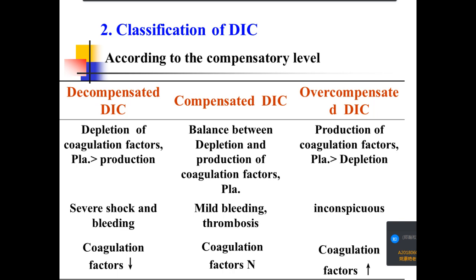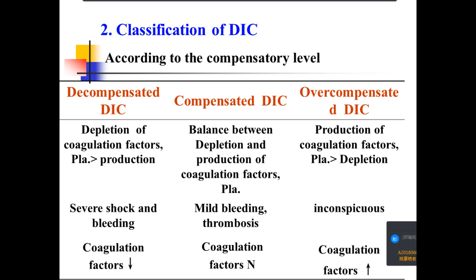According to production and consumption, DIC is divided into 3 classifications. First, decompensatory DIC. Which is more, consumption or production? Consumption is more. So the patient's coagulation factors will decrease.